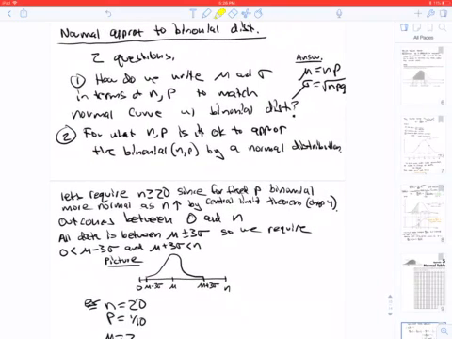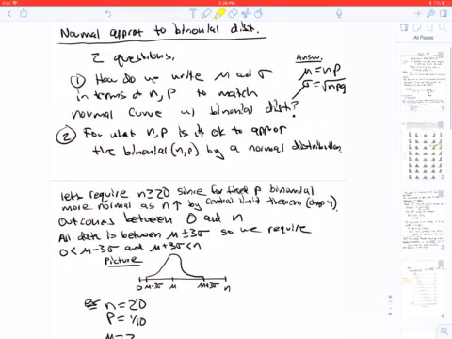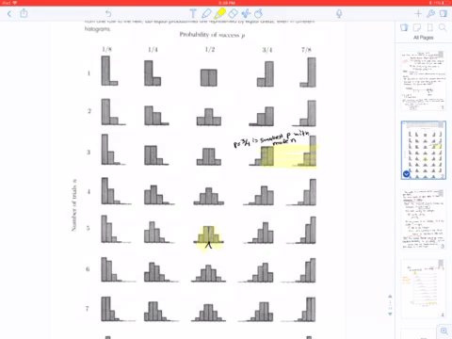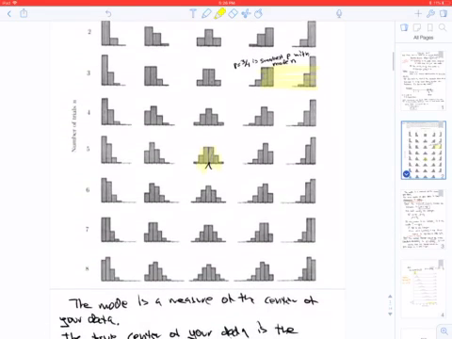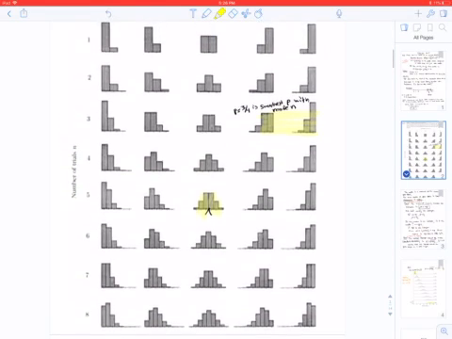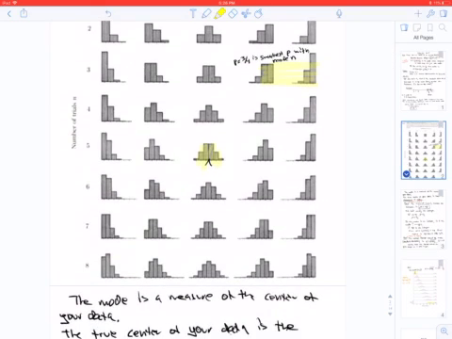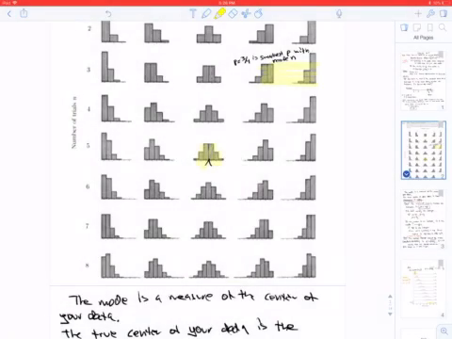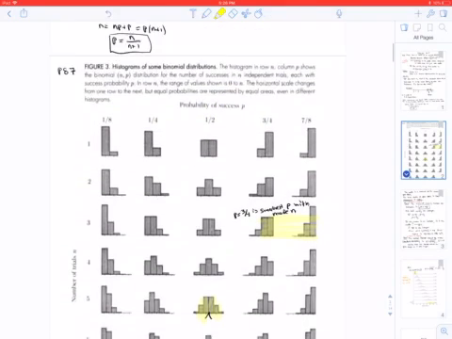We can see from this table here that for a given p, as n increases, the distribution looks more normal. That's a result of the central limit theorem that we'll see in chapter 4. But still we have problems when p is close to 0 or close to 1. So when that happens, we have to be careful.